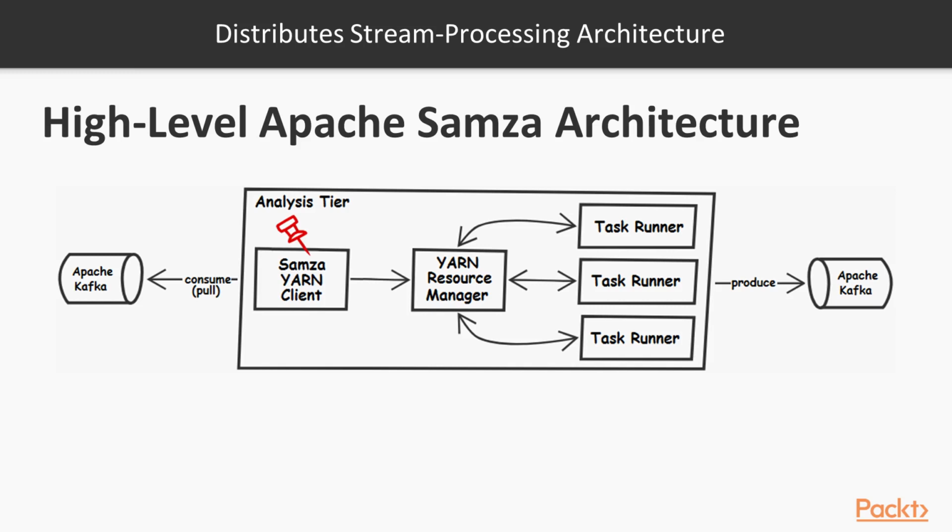Here, the Samza YARN client is responsible for requesting the YARN Resource Manager to allocate resources for the Samza application to run. The YARN Resource Manager is responsible for allocating resources, such as CPUs, memory, disk, and network, for all the applications running in this cluster. After the proper resources are allocated, the Samza task runners are executed on different nodes in the cluster.